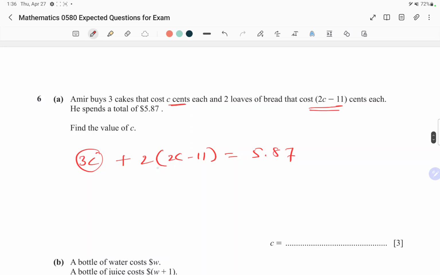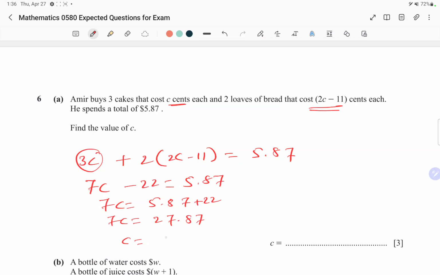Now this is 3C, and 2 times 2C is 4C, and then 3C plus 4C is 7C. 2 times minus 11 is minus 22, and 5.87. So 7C is 5.87 plus 22. So 7C equals 27.87. So C is 27.87 over 7.